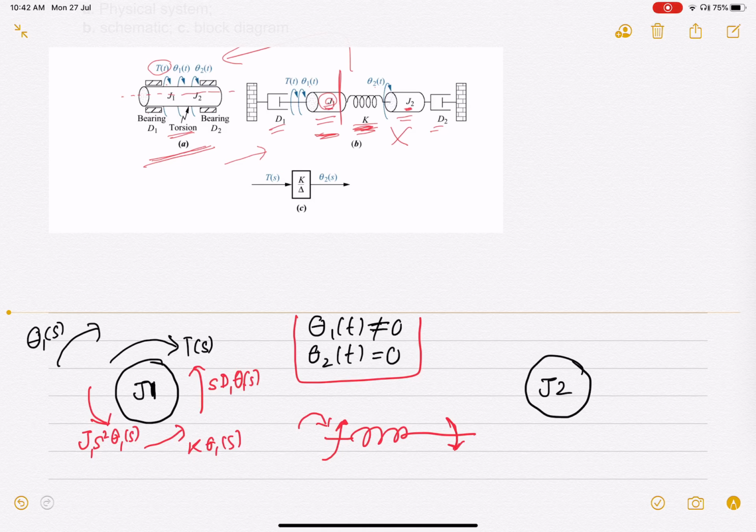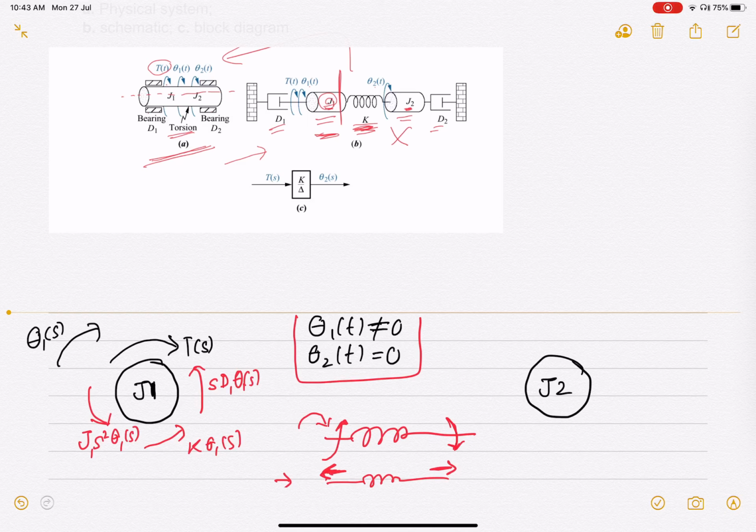So these two directions would be different, just like in the case of the spring when it was compressed: it tried to uncompress itself by exerting a force in this direction and a force in this direction.